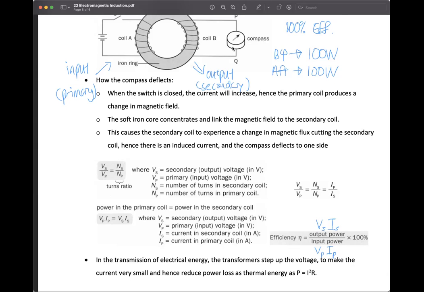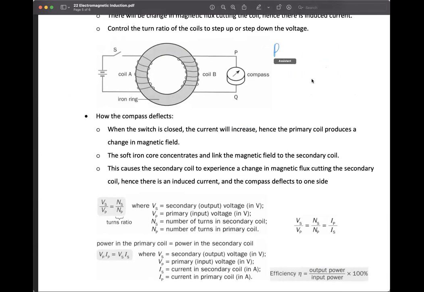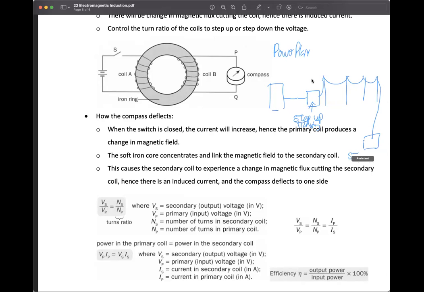Let me go through one last thing. Basically in a power plant, before it transmits, you will need a step up transformer. Then it goes through the super long wire, then to the step down transformer, then to your houses.